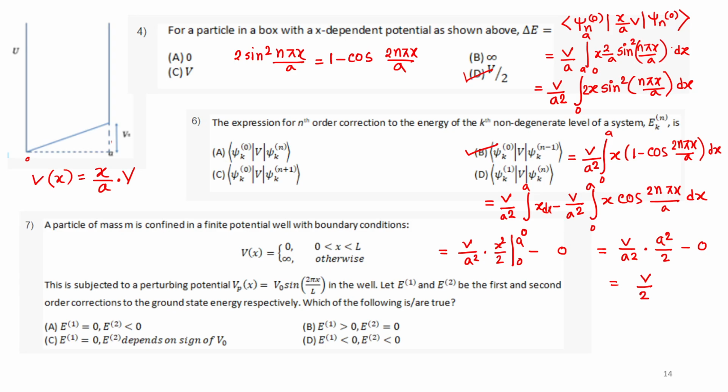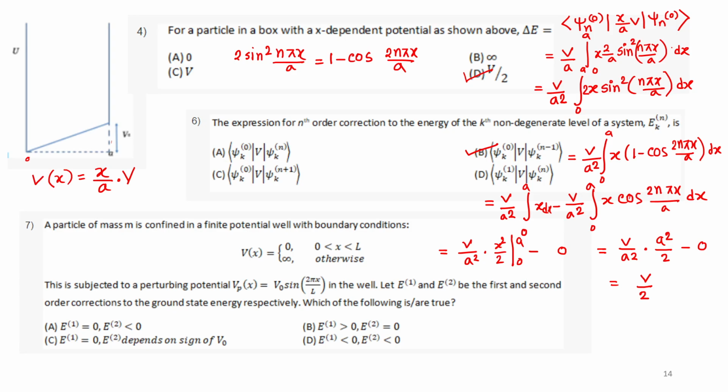Now we have another question, the seventh, that a particle of mass m is confined in an infinite potential. See, this is directly related to the part I was discussing earlier. So let me read the question once: a particle of mass m is confined in a potential well with the boundary condition that V of x is equal to 0 when x is between 0 and L, and infinity otherwise.